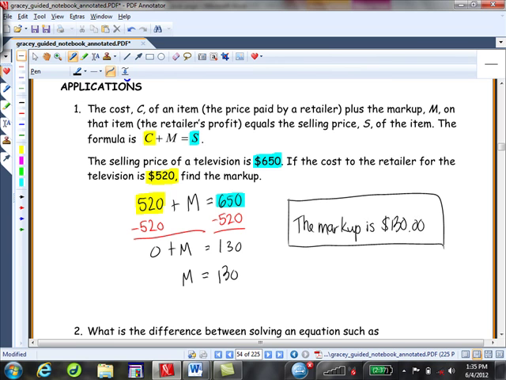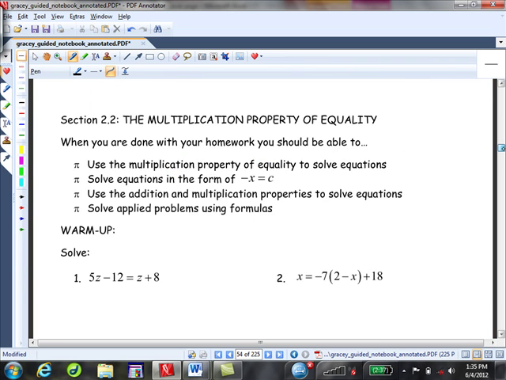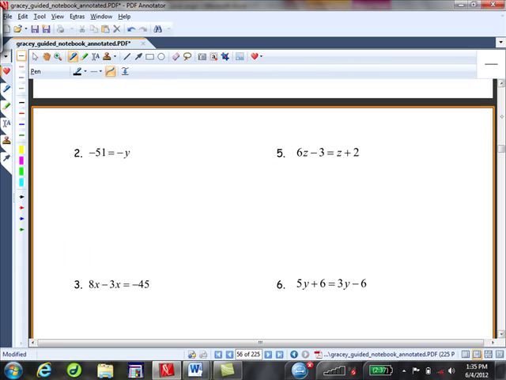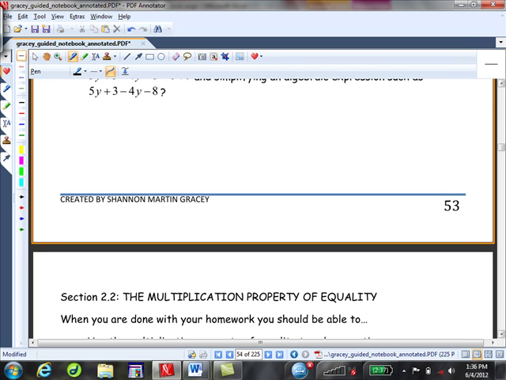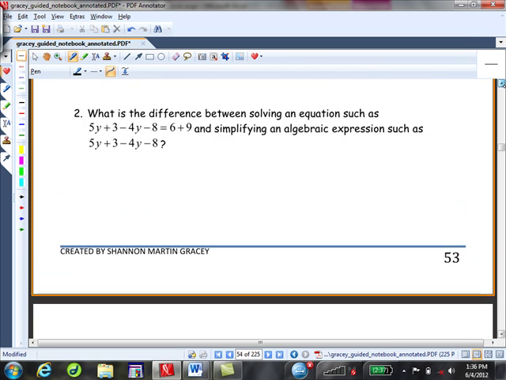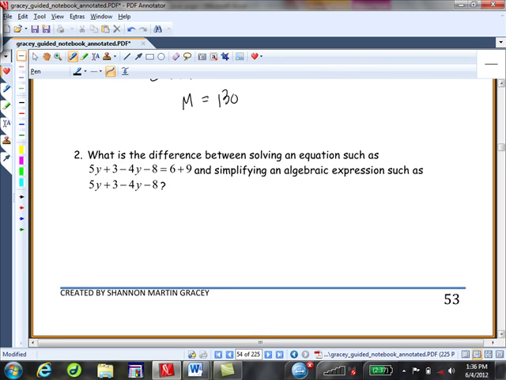All right. Now this next one's a little bit of a thinker problem. What is the difference between solving an equation such as 5y plus 3 minus 4y minus 8 equals 6 plus 9, and simplifying an algebraic expression such as 5y plus 3 minus 4y minus 8? What do you think?